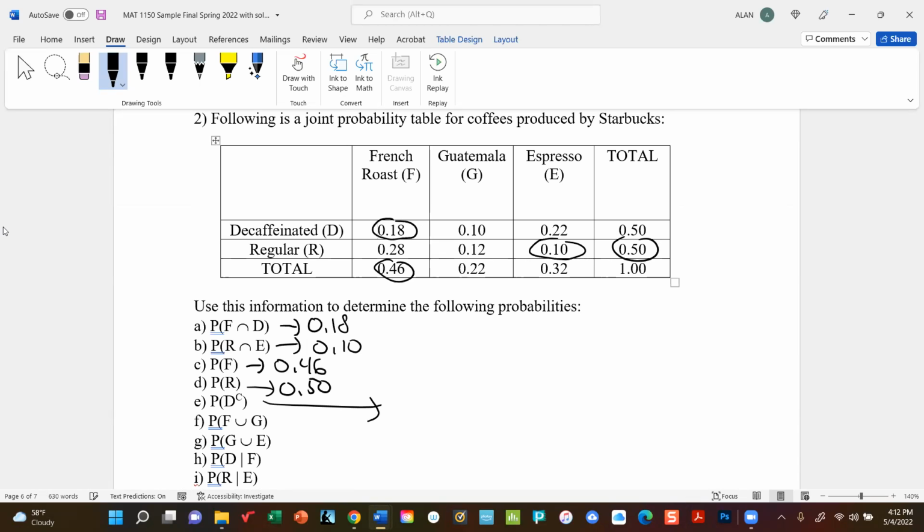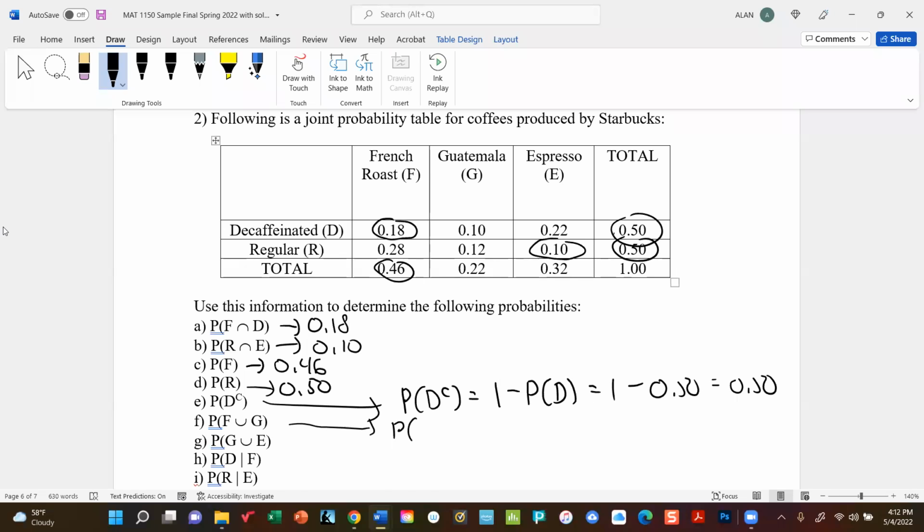This one is different because it's a rule. It's a simple rule. D is right here. Now, this is the addition rule, but guess what? We can use this simplified addition rule because the columns can't overlap with each other. In other words, there's no coffee that can be French roast and Guatemala.